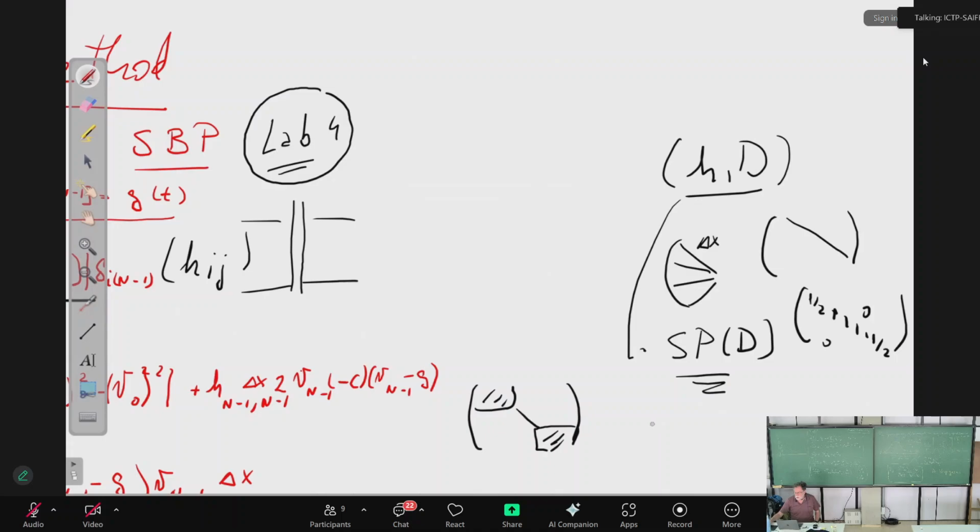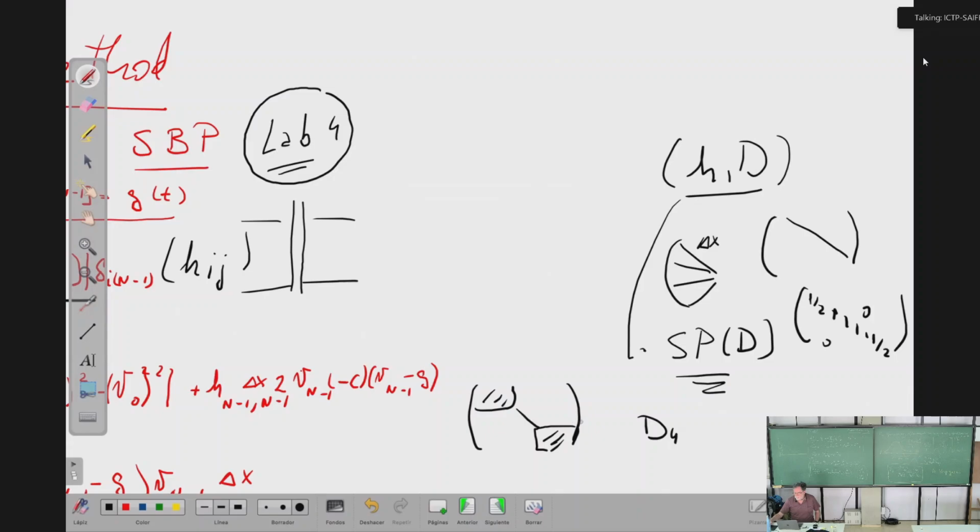For instance, for the D4, there is one that is diagonal, and in the boundary is only second order, and there is a D4 which is non-diagonal, and the D here is third order in the boundary. And there are many other things.